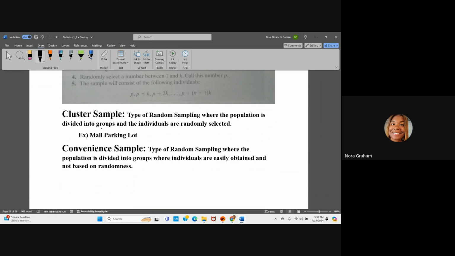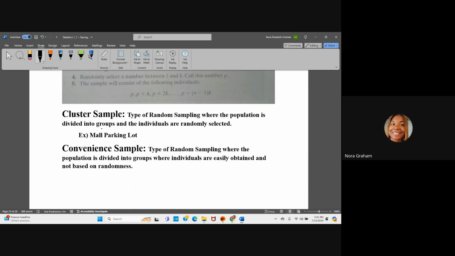Say you have A through D levels on your mall parking lot, and lots of cars come in and out, lots of different types, makes and models of cars. That's all you have to work with. If you wanted to do some kind of statistic research on these cars, you're going to raise a lot of questions, right?